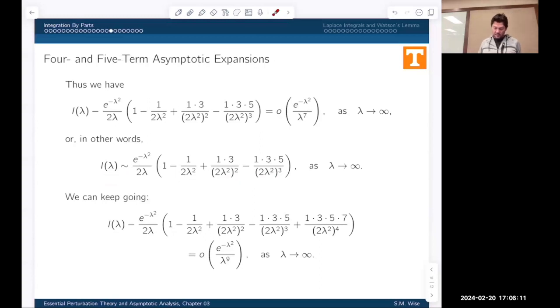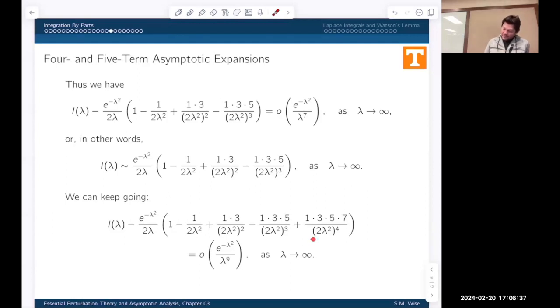I could keep going. I could add one more term to my asymptotic expansion, and you can already see the pattern. You can recall the pattern. The next term is going to be coming with a plus sign, 1 times 3 times 5 times 7 in the numerator. In the denominator is going to be 2 lambda squared quantity to the 4th power.